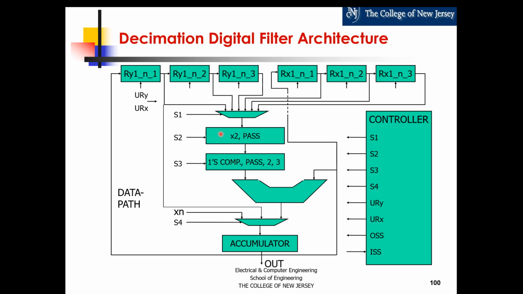So I need a block that is going to do the shifting, or if the shifting is not necessary for the specific piece of data that is going through this multiplexer, I'm just going to pass it along. And this one is going to generate the ones complement, is going to generate the constants 2 or 3, or pass that input if none of those 3 operations apply, depending on the state.